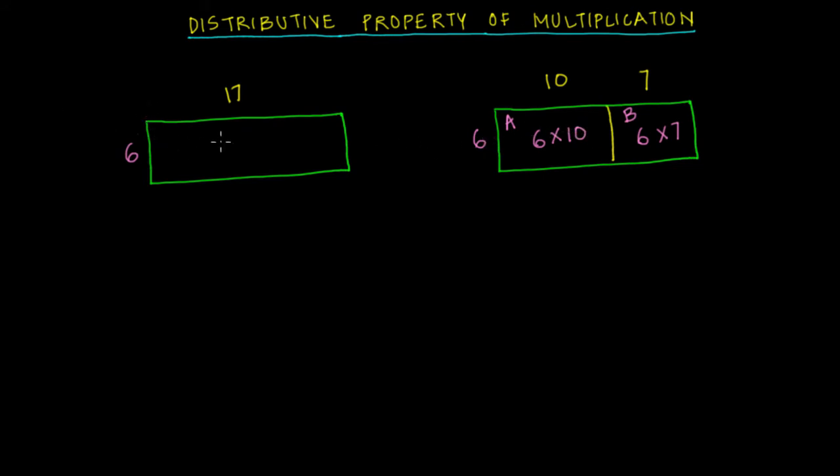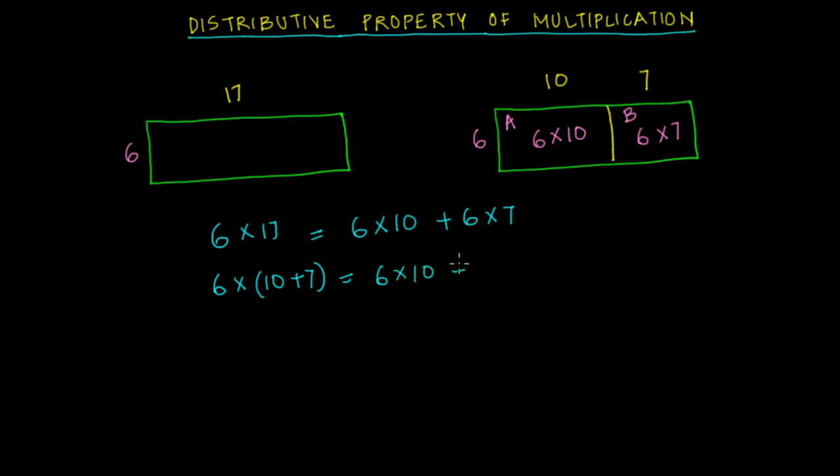So let me write that down. The area of this rectangle is 6 times 17, and the area of these two rectangles put together is 6 times 10 plus 6 times 7. Now I can rewrite this 6 times 17 as 6 times 10 plus 7, because 17 is 10 plus 7, and keep this the same as 6 times 10 plus 6 times 7.